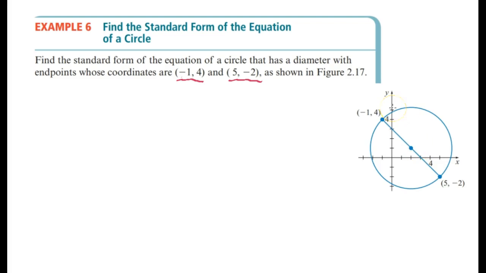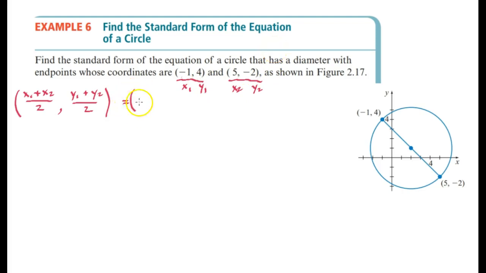So the midpoint would be x1 plus x2 over 2, y1 plus y2 over 2, where this is x1, this is x2, this is y1, and this is y2.